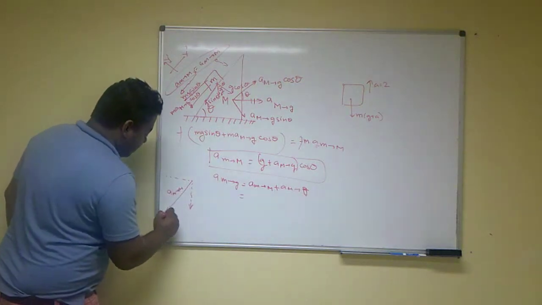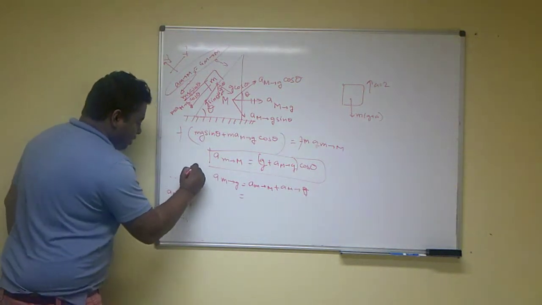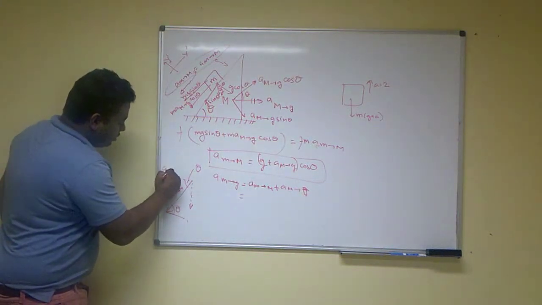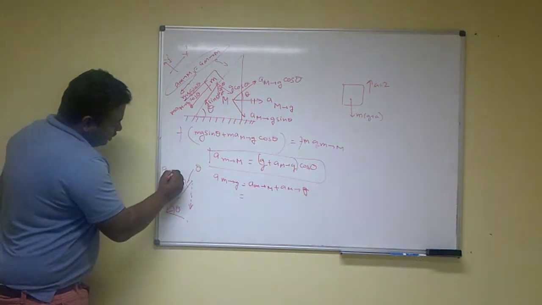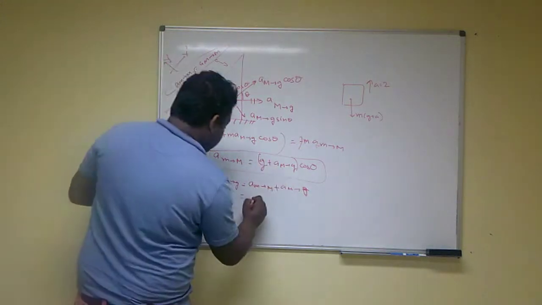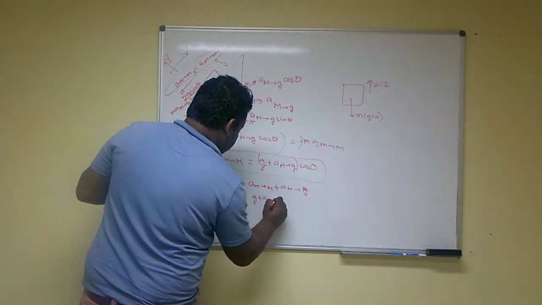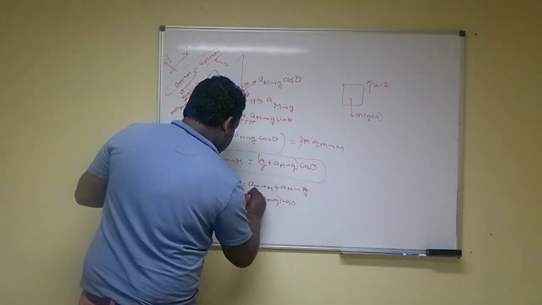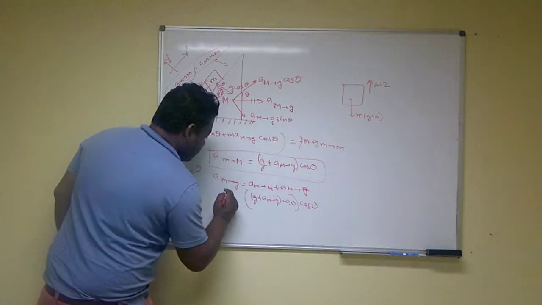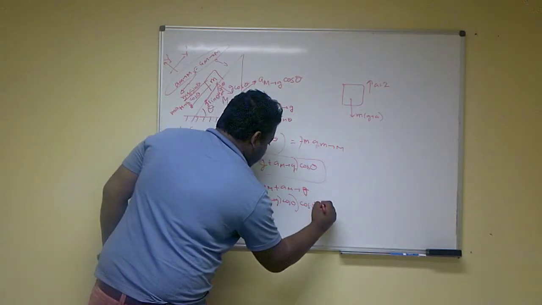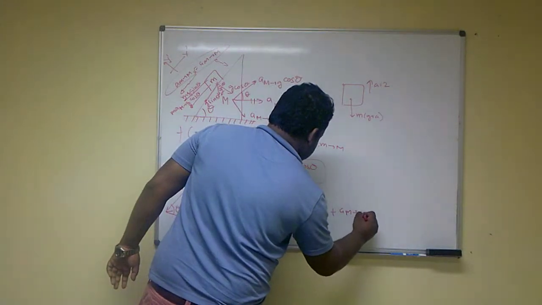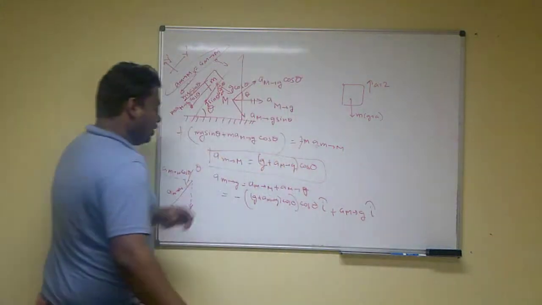If this angle is theta, then because these are two parallel lines, this angle is also theta. So wherever that theta is, that will be cos theta. So this will become g plus am with respect to g cos theta, and then the cos component of it, which is in the negative I cap direction, plus am with respect to g, which is in the positive I direction.